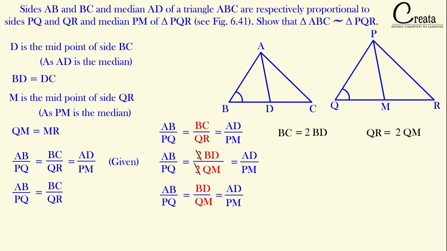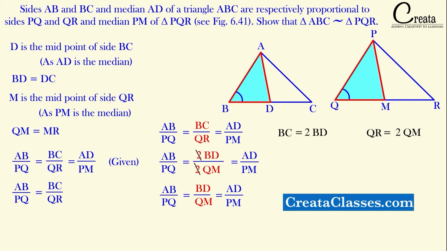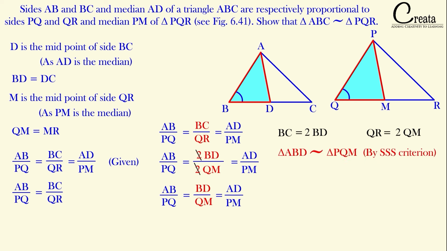We got the ratio of the three corresponding sides of these two triangles as equal to each other. All these three ratios are ratios of the corresponding sides of these two triangles. Got it? So we can say both the triangles are similar to each other, as the ratios of the corresponding sides are perfectly matching, by SSS criteria, that is the side criteria.